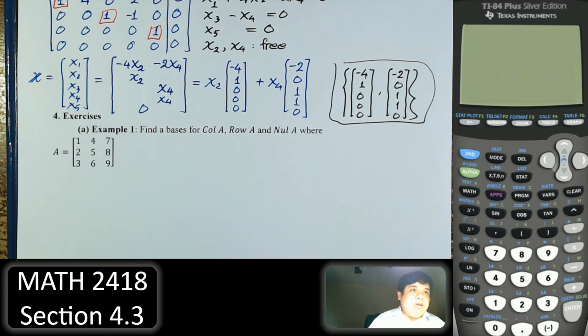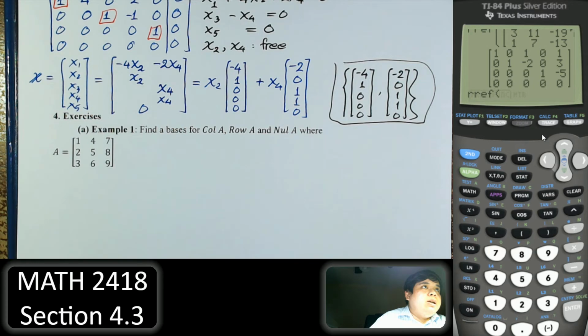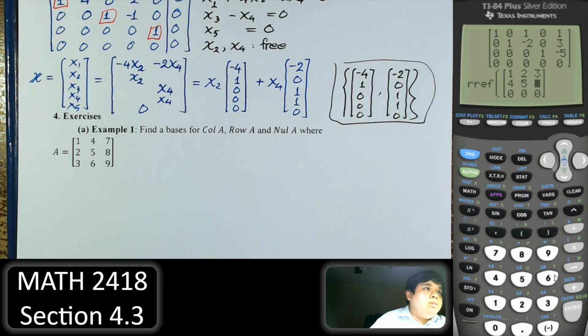That is A. So, of course, reduce to row echelon form for that matrix. I enter the transpose version of it: 1, 4, 7, 2, 5, and 8, 3, 6, and 9.